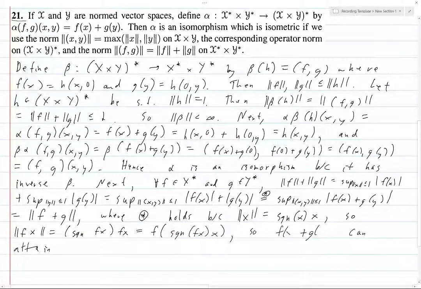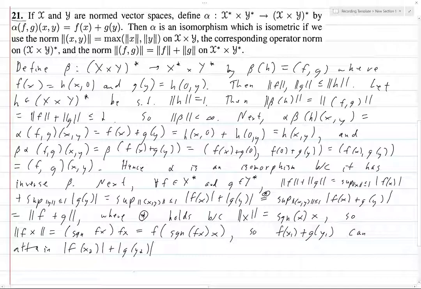I'm going to call this f(x1) plus g(y1) can attain the norm of f(x2) plus g(y2), because what you can do is take your value x here and multiply it by its sign, then you basically add in its absolute value, and so you can get to this sum here.